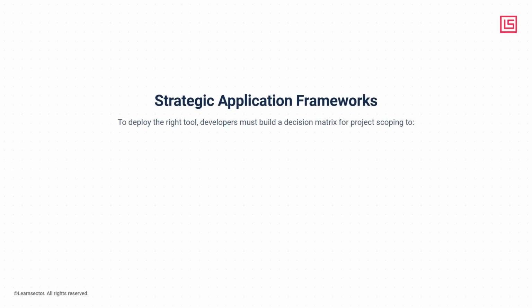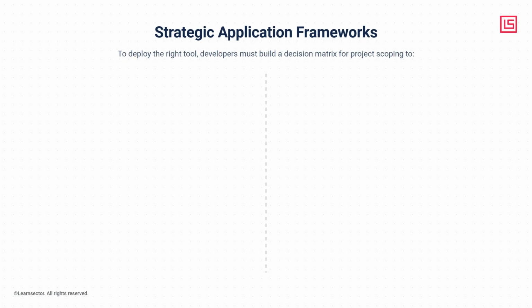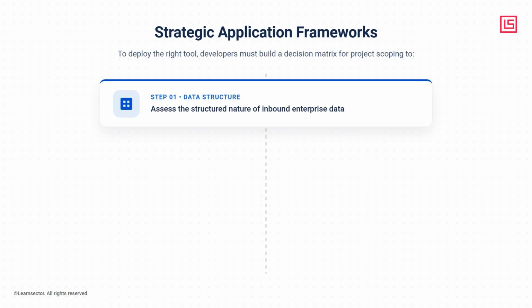Deploying the right tool requires developers to build a decision matrix for project scoping, evaluating predictability and variance. Your first step in this strategic application framework is assessing the structured nature of inbound enterprise data. If data arrives neatly in formatted spreadsheets, traditional tools remain highly effective. However, if inputs are messy vendor emails or conversational chat logs, agentic orchestration is required.